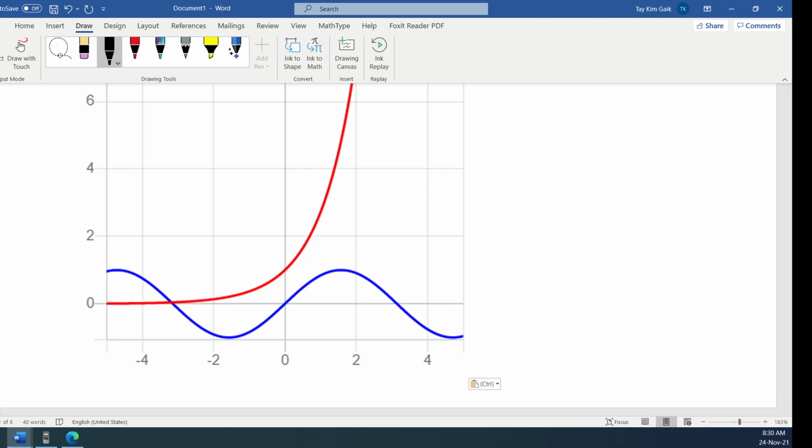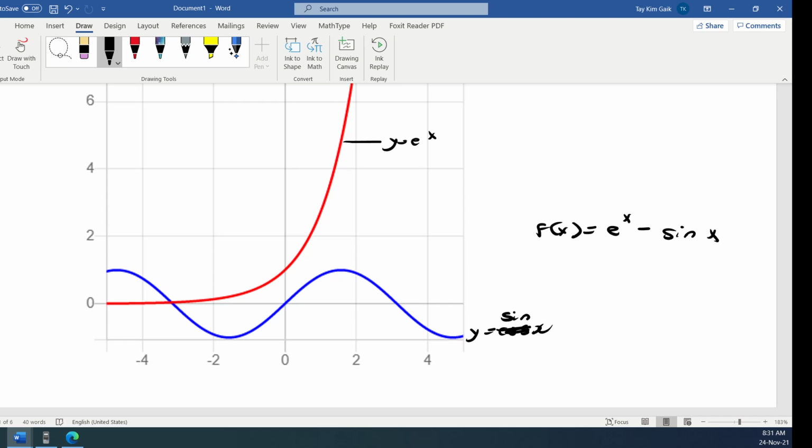The blue one is actually your y equal to sin x. The red color is y equal to e^x. The intersection of these two graphs will represent the root of the nonlinear function f(x) equal to e^x minus sin x.